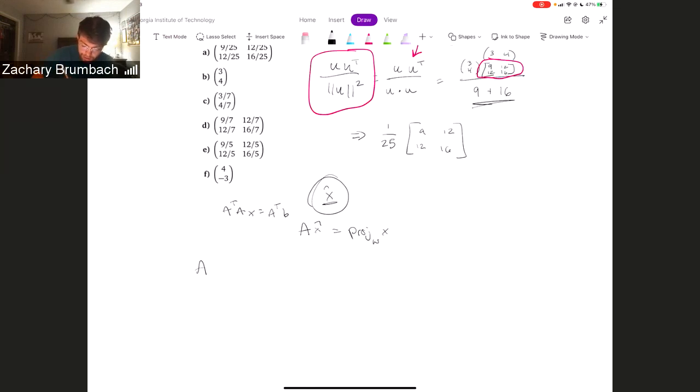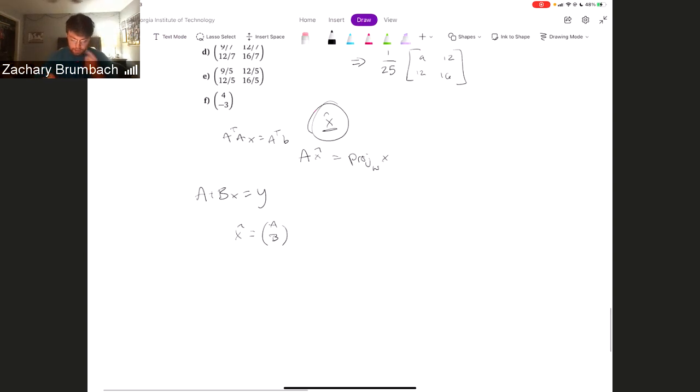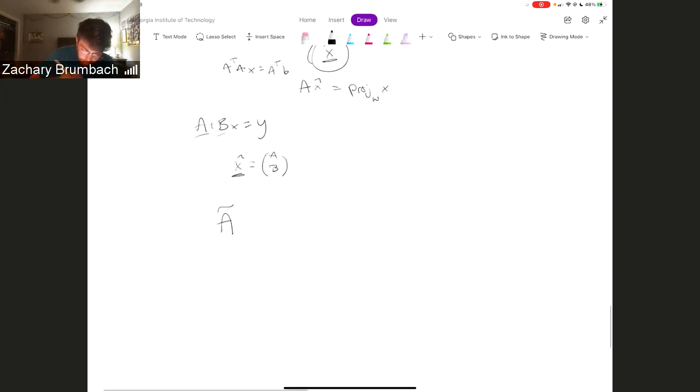If you're given something like A plus BX equals Y, your X hat is going to be equal to A, B. You don't usually use it for best fit stuff per se, but the closest thing on this is the X hat that gets you your A, B. If you were to plug this back into your big matrix, we'll call it A tilde, the different matrix of what you construct from there, A tilde X hat gives you the projection of B.